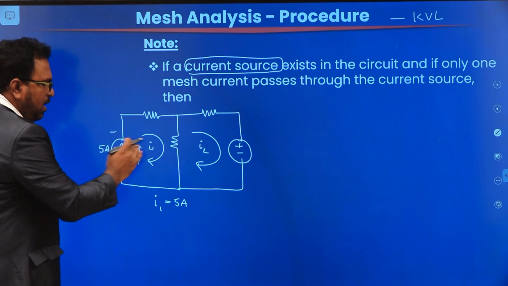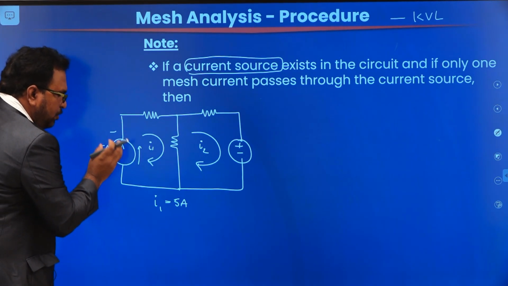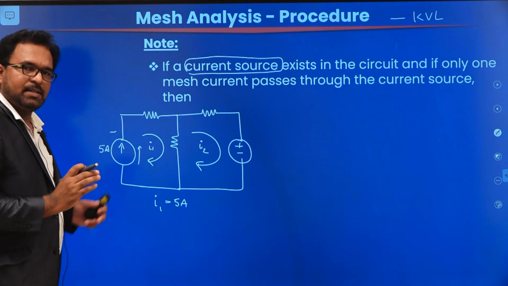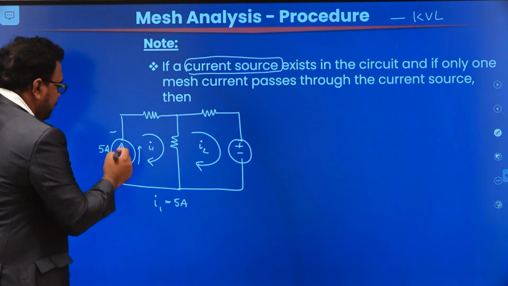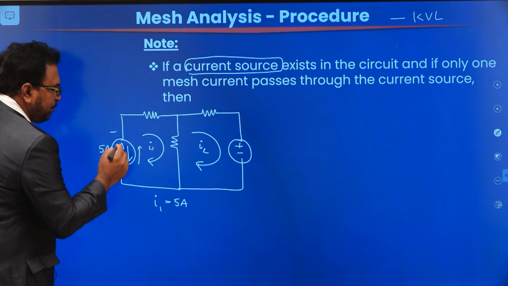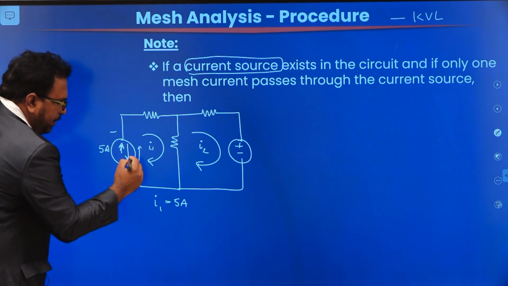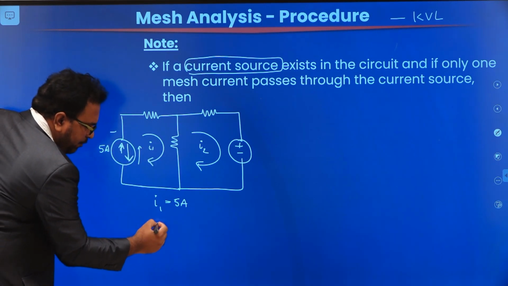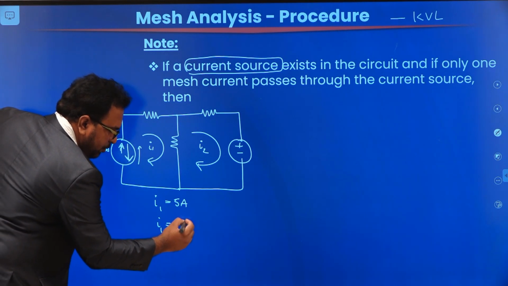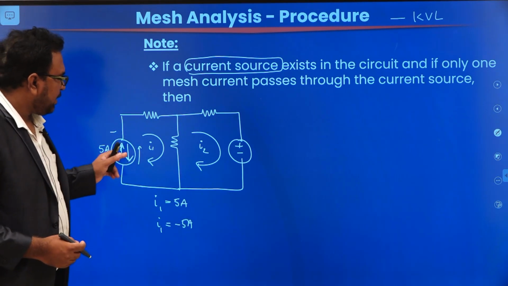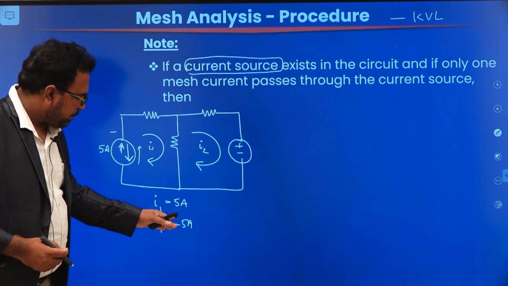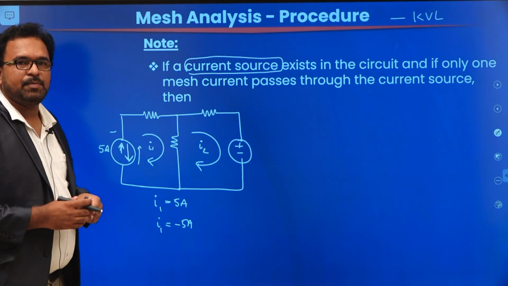That means both the directions of the source value and the variable are the same. That's why we have to choose 5 amperes. Suppose the current direction is downwards, then what is the value of I1? Then I1 is equal to minus 5 amperes. So if the directions are opposite, then you have to choose the minus value. If the directions are the same, then you have to choose plus 5.